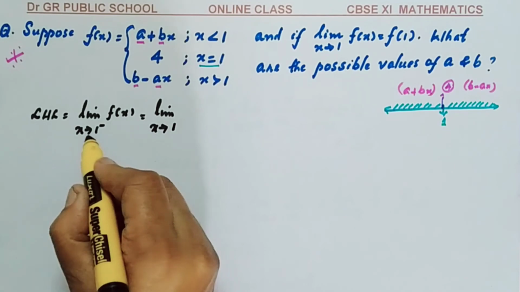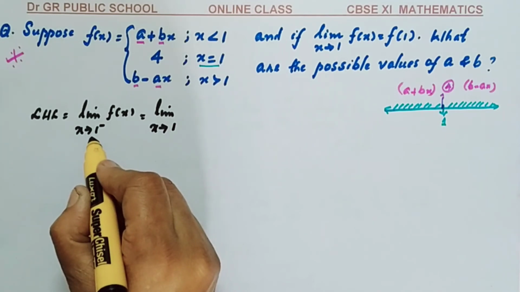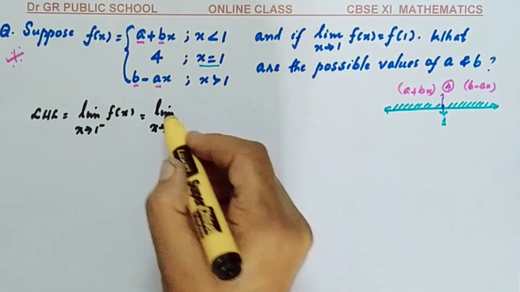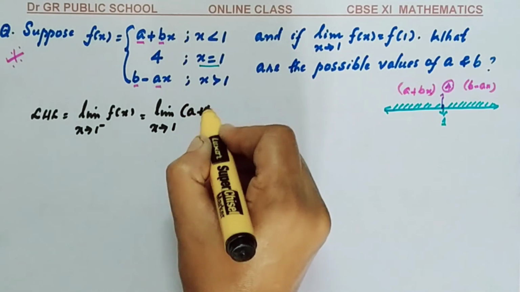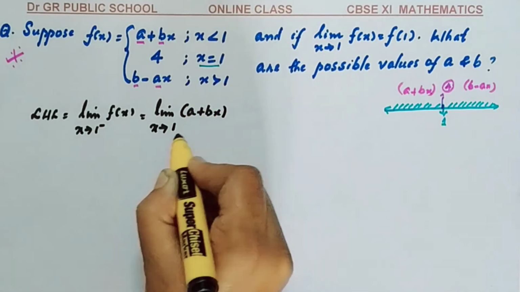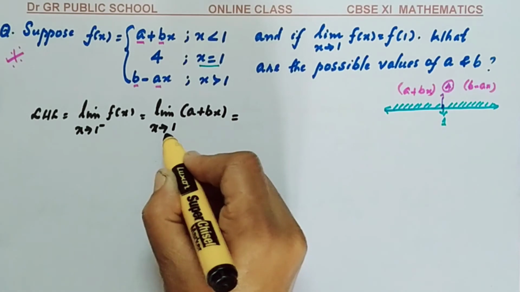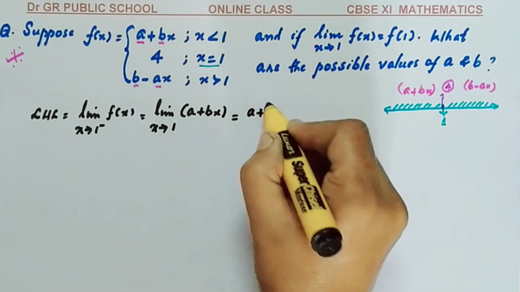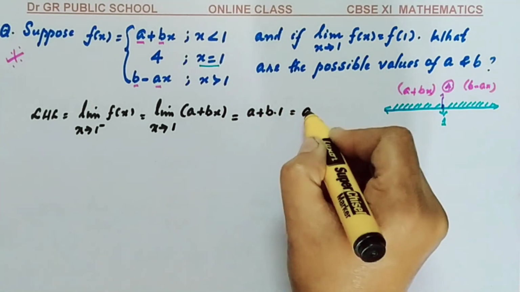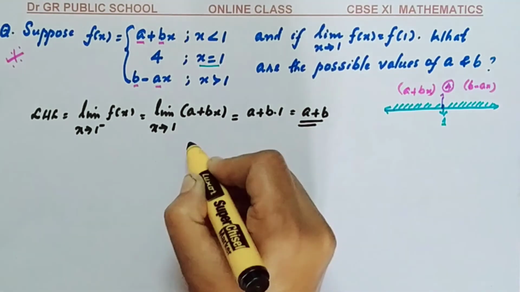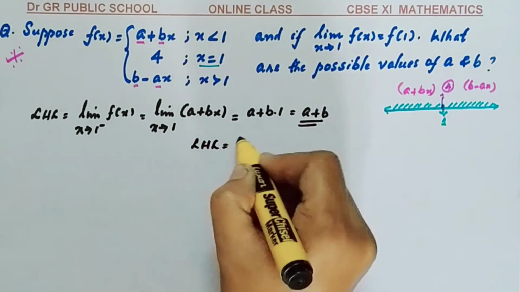What is the value of the function when x approaches 1 from the left side? The value of the function is a plus bx. Now we substitute x as 1, so you get a plus b into 1, which is a plus b. Thus, the LHL is a plus b.